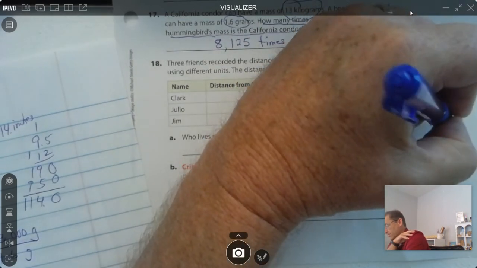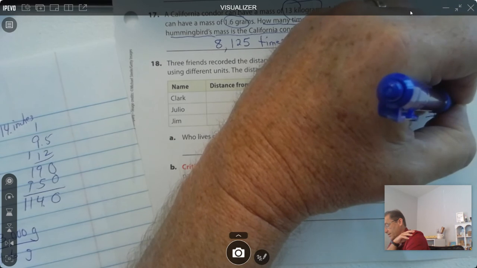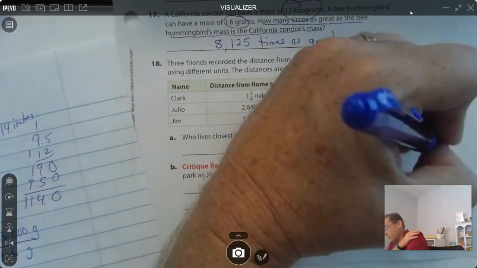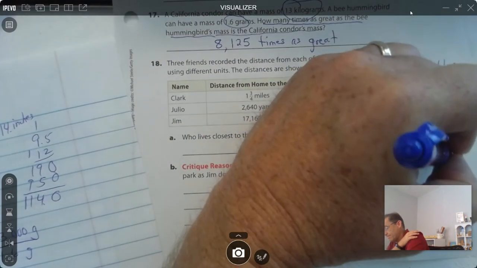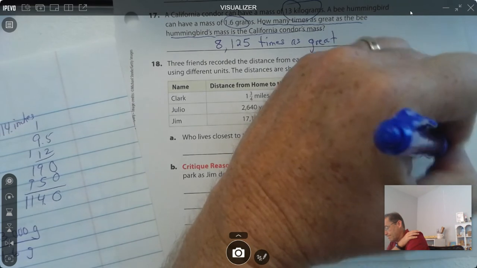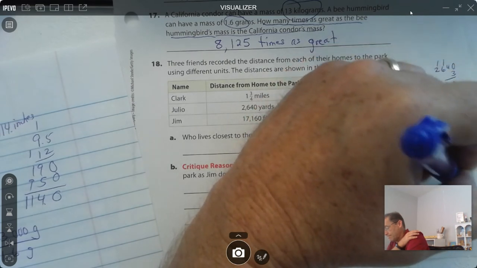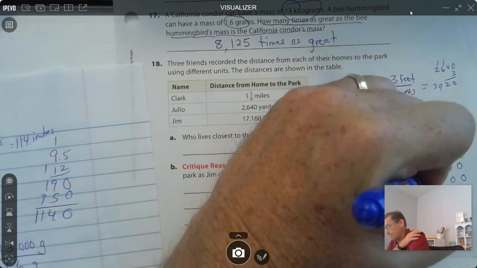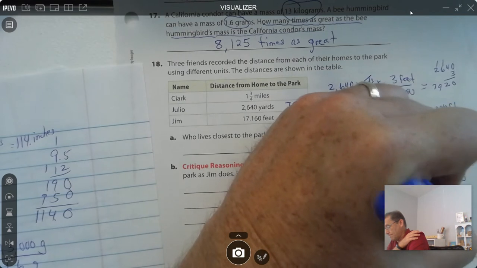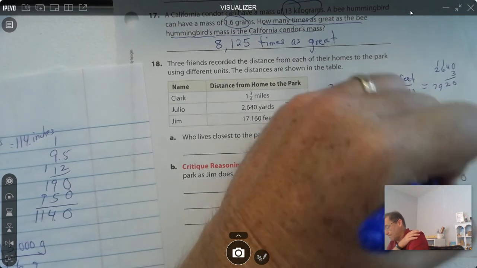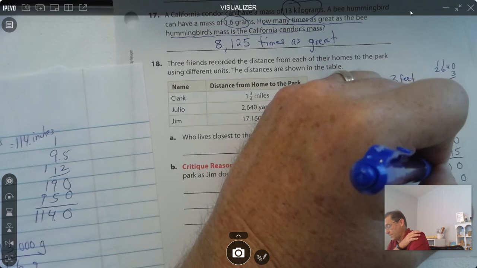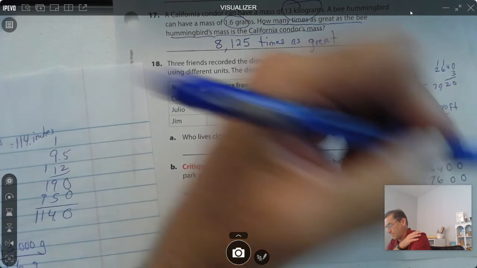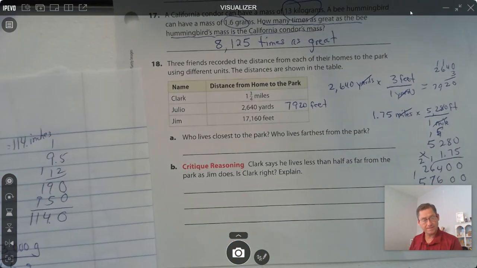And we know that every mile has 5,280 feet. Okay, so 5,280 times 1.75.